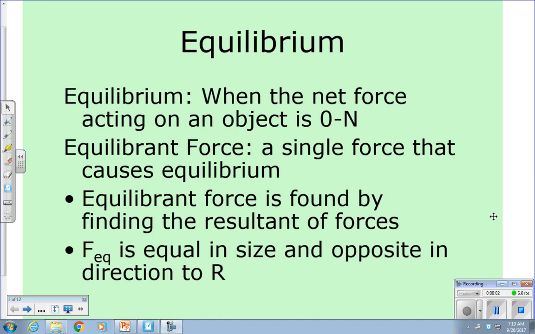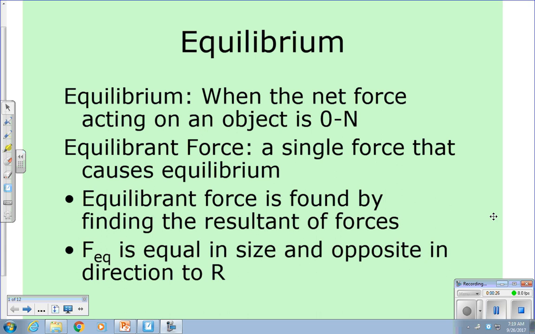All right, so we are going to be talking more about vectors, but in this case, we're talking about some applications of vectors and vector addition. One of the key concepts in this area is equilibrium, and we've been talking about situations that are at equilibrium.